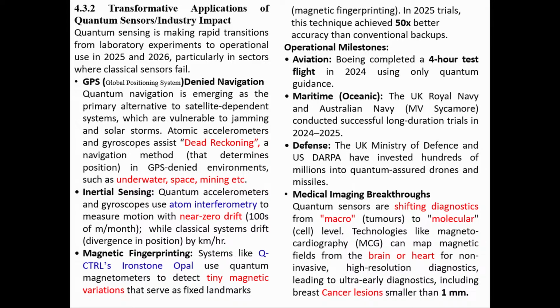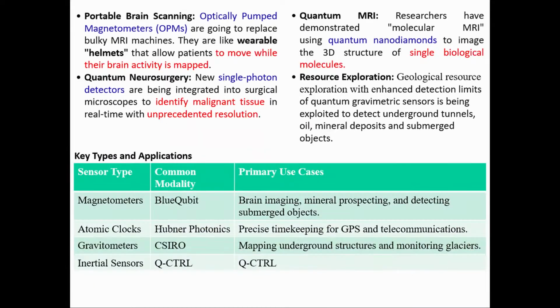Already some magnetocardiography machines have come that map the magnetic field from the brain or heart. These magnetic fields are very, very minute, but these quantum-based devices can still measure them, and you can avoid such diseases in the very beginning. Then portable brain scanning.